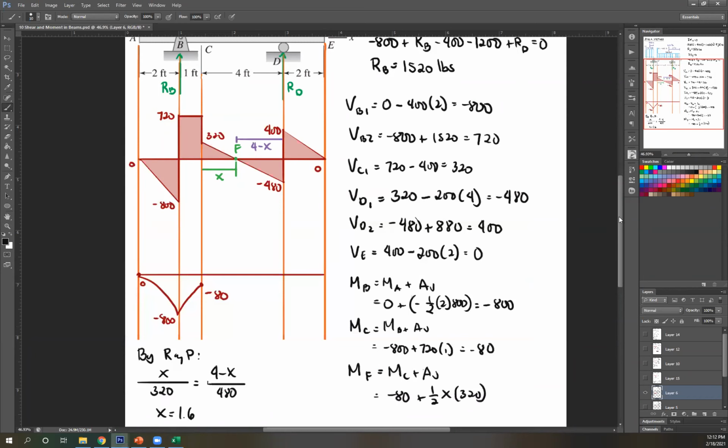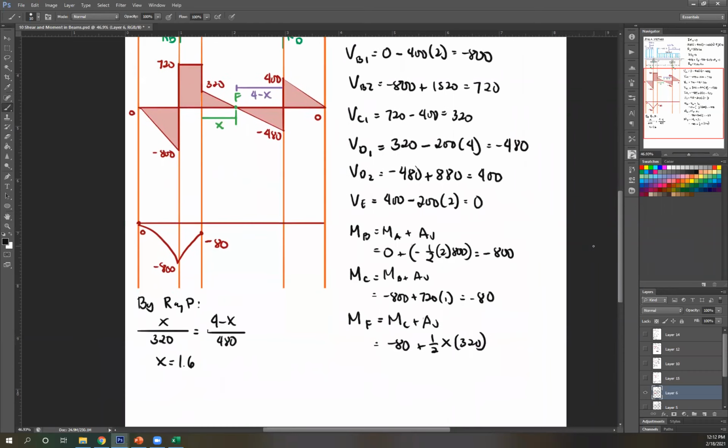Therefore, 4 minus 1.6 would be 2.4. Okay, so now I can sub that here. So negative 80 plus 1/2 times 1.6 times 320. What's the answer here?